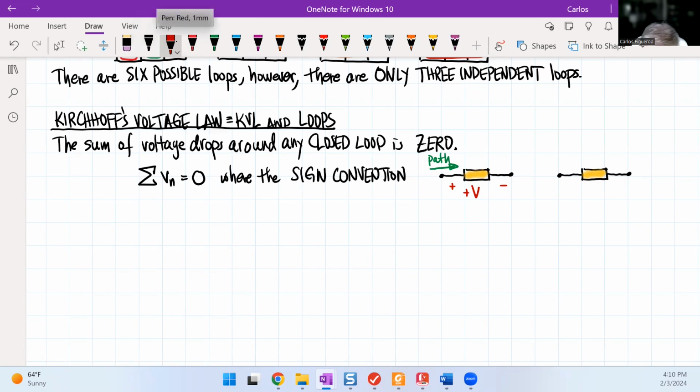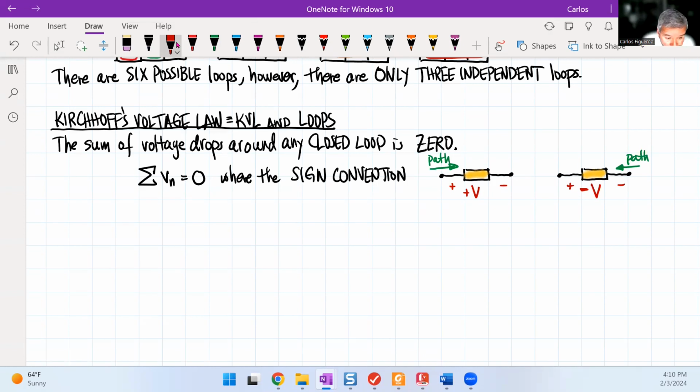However, if the voltage is still the same polarity, but now the current comes in this direction, or the path comes in this direction, then we say that there is a negative sign on that voltage. So again, we're following the sign convention where it depends on how it enters the node.